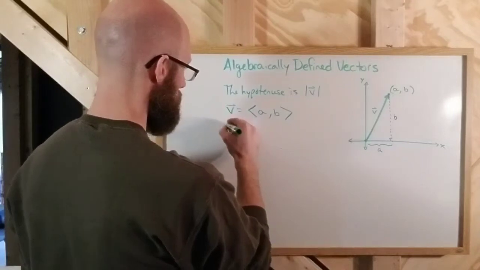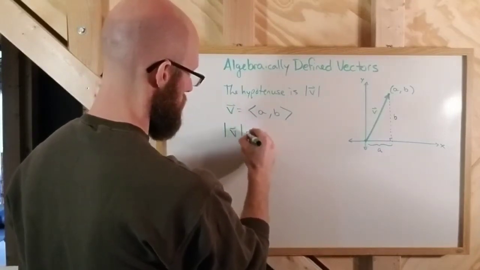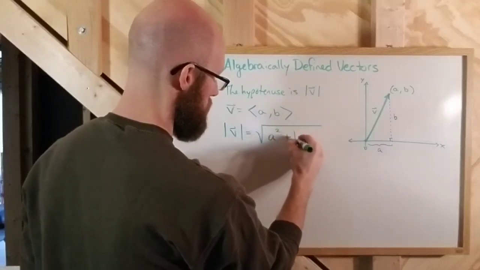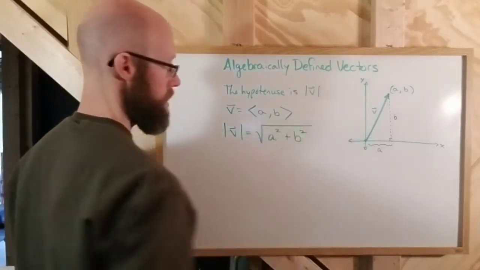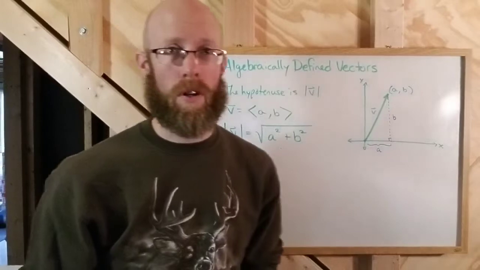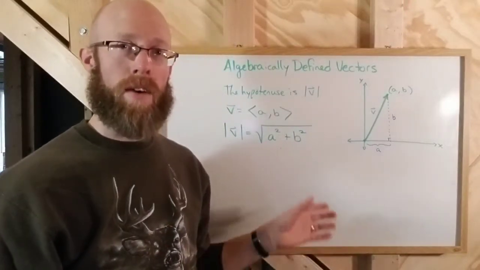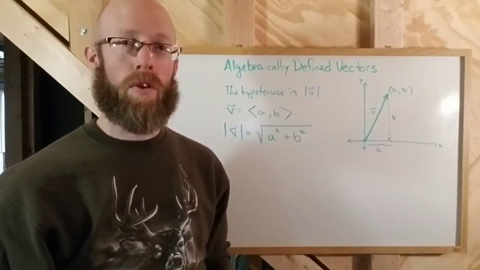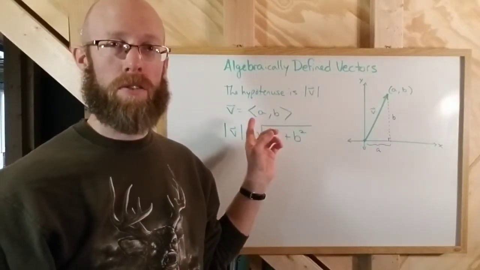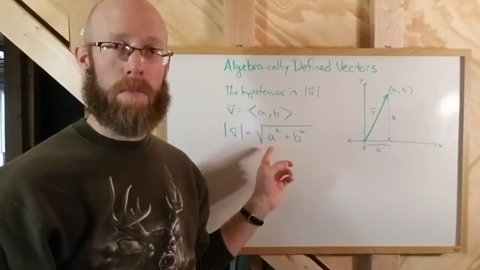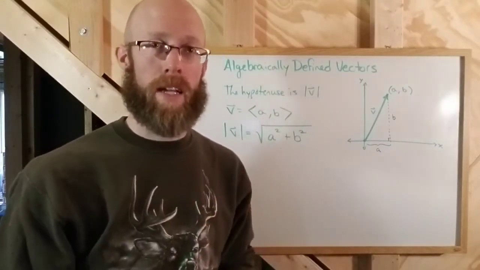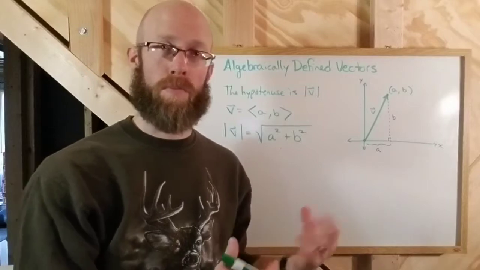So the magnitude of v would then be the square root of a squared plus b squared. Again, that's simply the Pythagorean theorem at work. So now we have an expression based upon where that terminal point is for both the direction of the vector and the magnitude of the vector. So we have both direction and magnitude represented here.